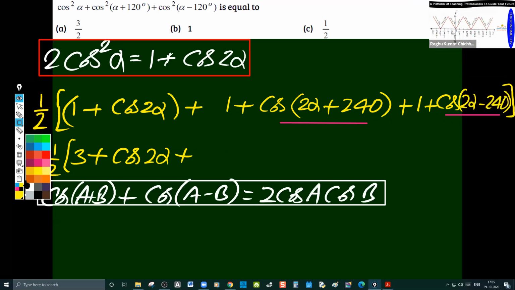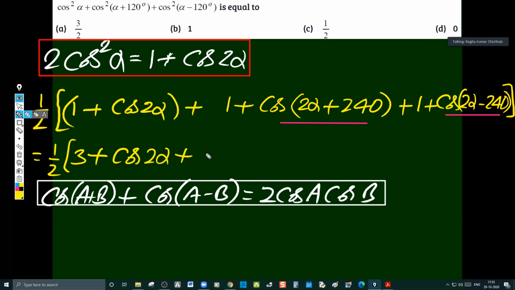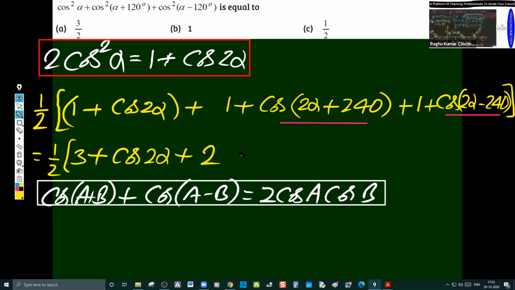So cos of a plus b plus cos of a minus b obviously becomes 2 cos a cos b. Come on, tell me. 2 cos 2 alpha, cos b, cos 240. Correct or not? Yes, sir.